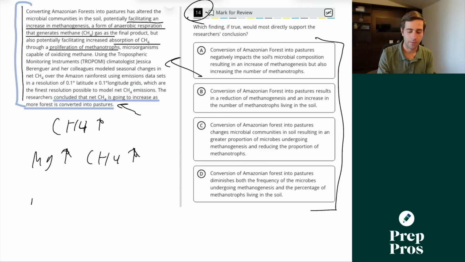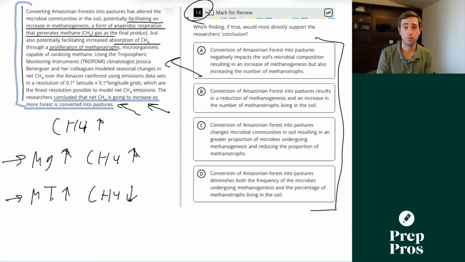So what we now want to think about is if we have more methanotrophs, that's going to lead us to a reduction in CH4. So if we want to increase the CH4, we want more methanogenesis, but we do not want more methanotrophs. We want less of it because it's currently absorbing the CH4. If we can track that, we can see that C is our correct answer quite comfortably.